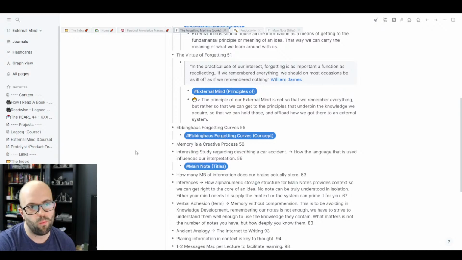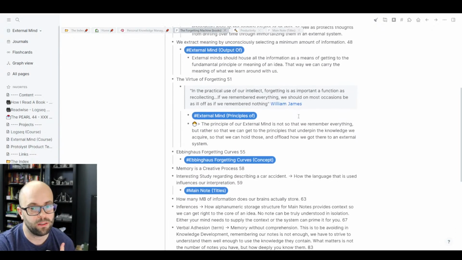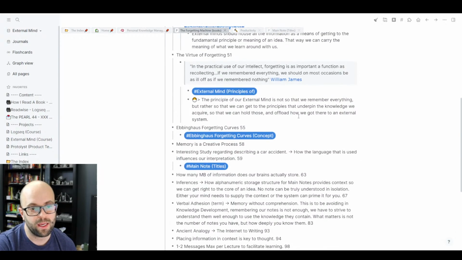Whereas now, because I'm tagging them with what I think they're related to for me, I can aggregate a whole bunch of sources around a particular topic, and that way I can play around with the ideas and develop my own thinking on it, and that's what I create the main note for.